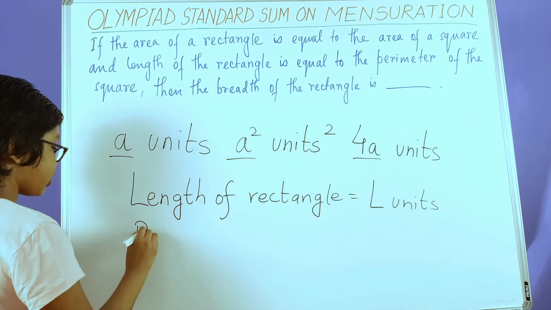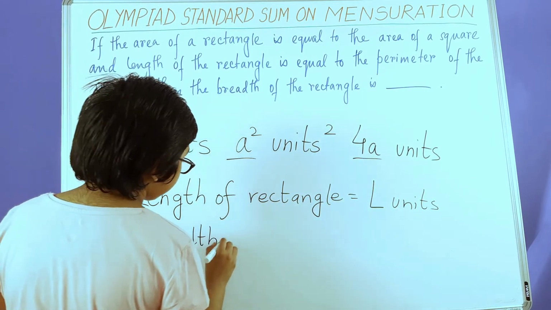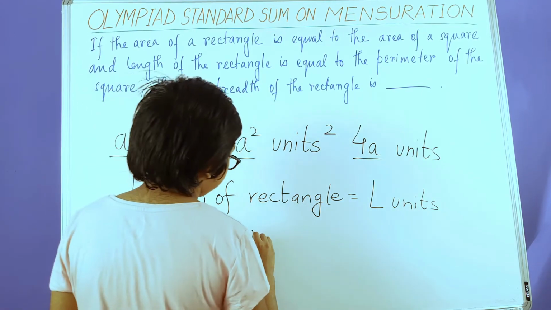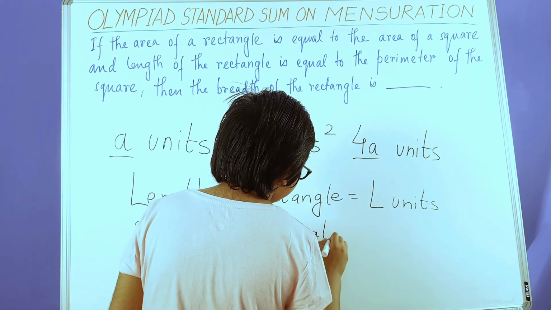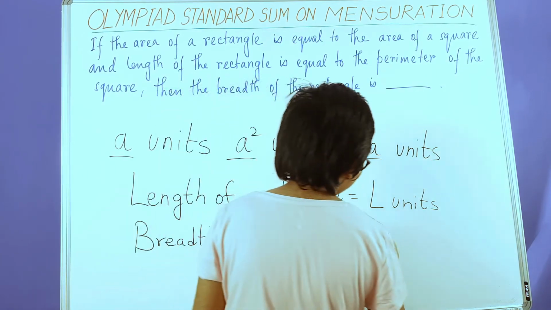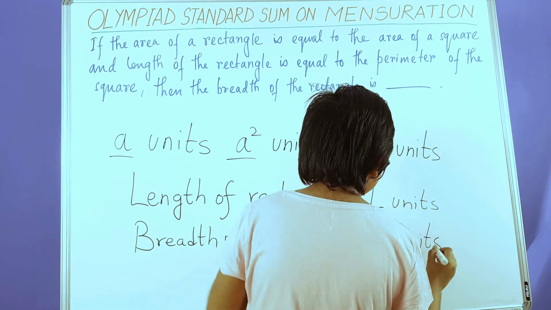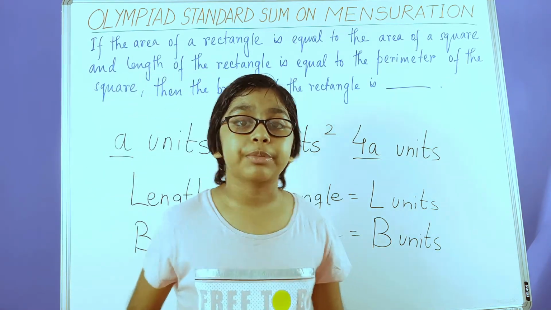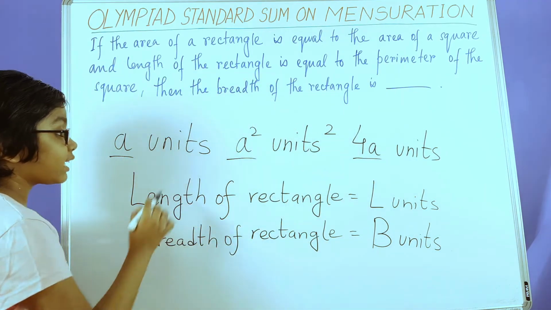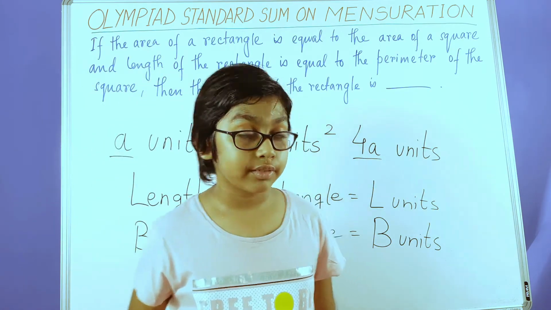And breadth, which is asked, breadth of rectangle equal to capital B units. Now I don't have space on the board, but these are what are needed for the sum. Now we will move on to equating all of this stuff.